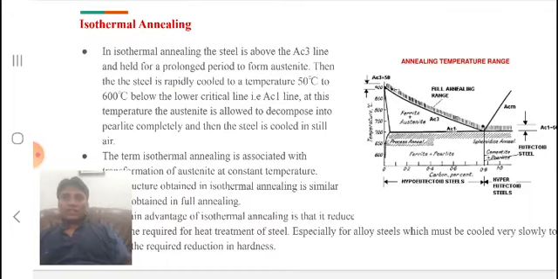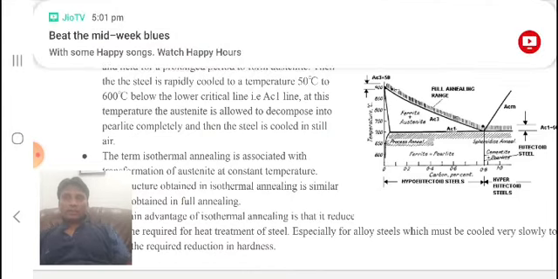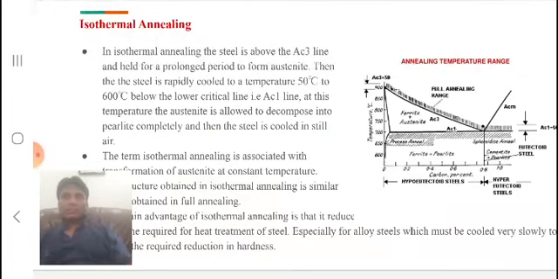Then the steel is rapidly cooled to a temperature 50 degrees centigrade to 600 degrees centigrade below the lower critical line. At this temperature, the austenite is allowed to decompose into perlite completely, and then the steel is cooled in still air.